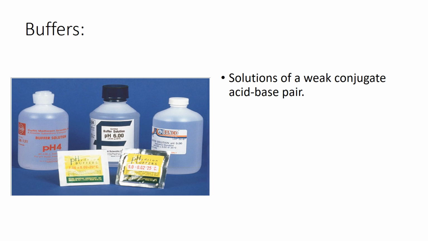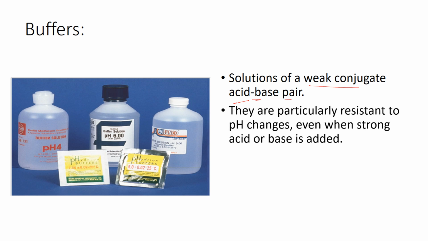So a buffer is a solution of a weak conjugate acid and base pair. It is made up of both the acidic part and the base part. They are particularly resistant to pH changes even when strong acid or base is added. So it controls that pH change.